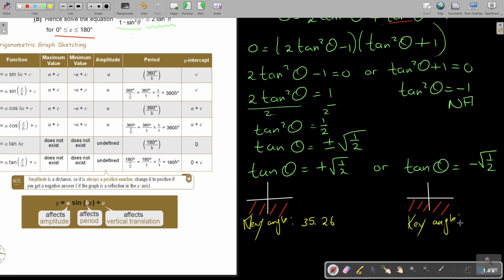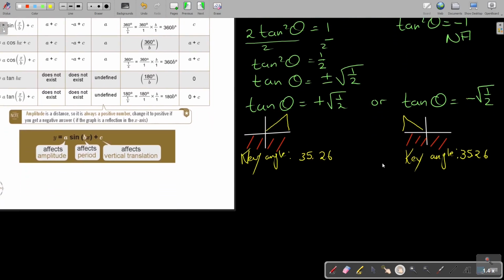Then square root. No, we never press in a negative. Sorry. So it's going to give you exactly the same, because we don't press in the negative. Are you with me? So we just say, where is tan negative? Tan is negative there. Where is tan positive? Tan is positive there. Okay, so please correct that. The base angles will be the same due to the fact that we don't press in that.